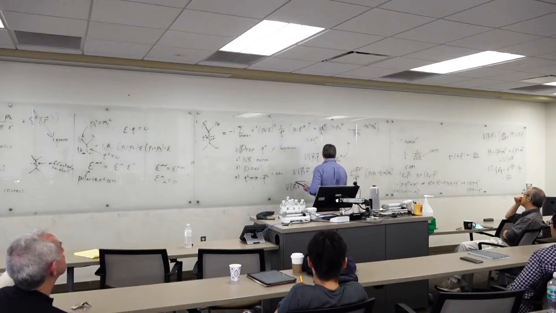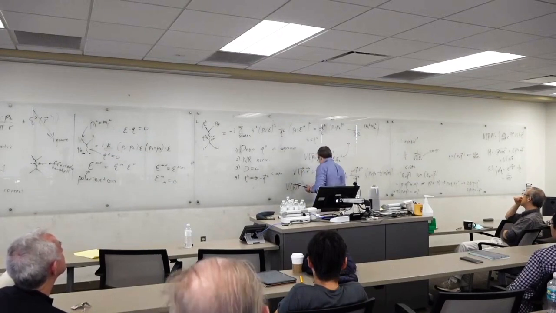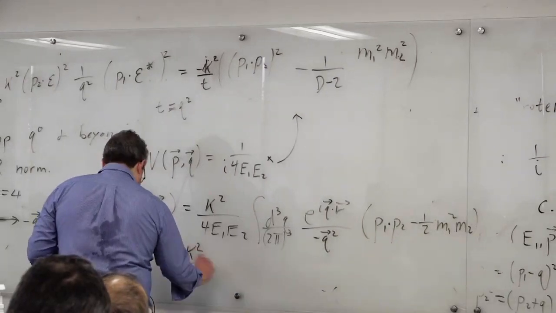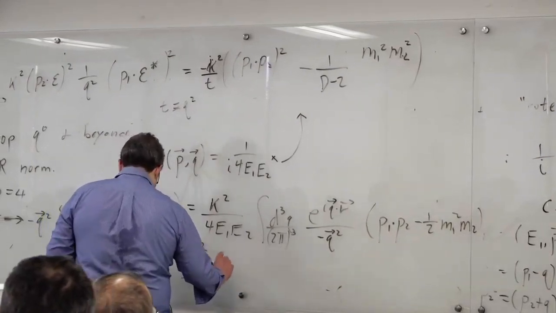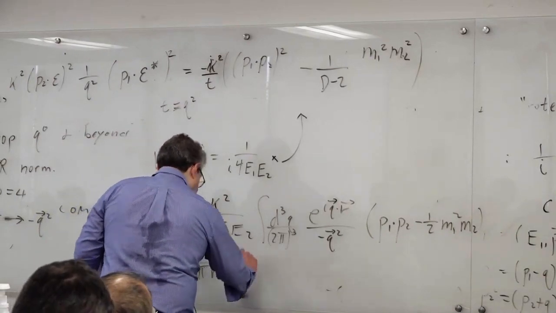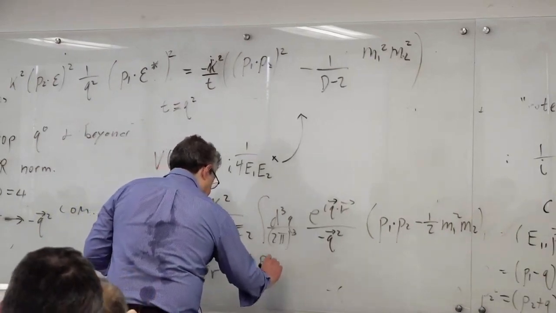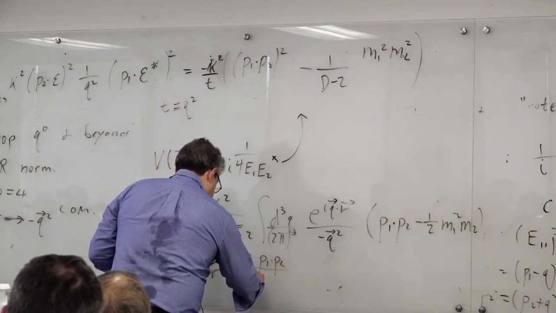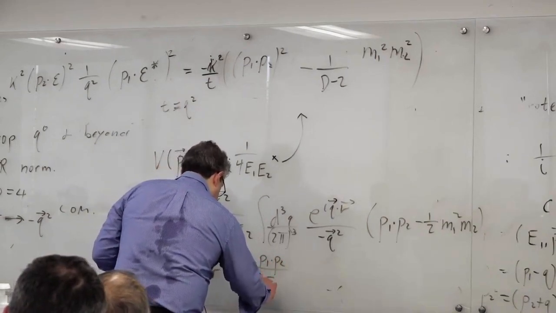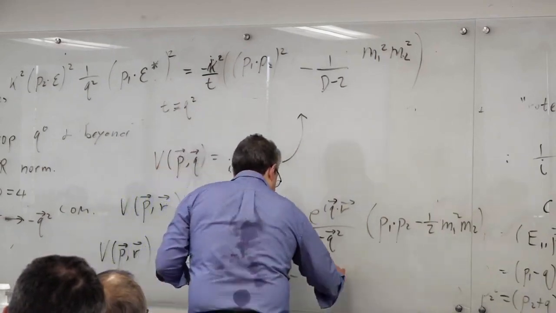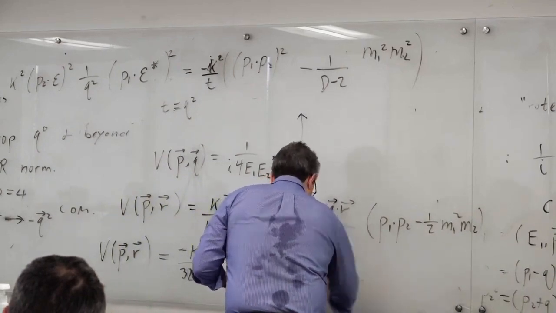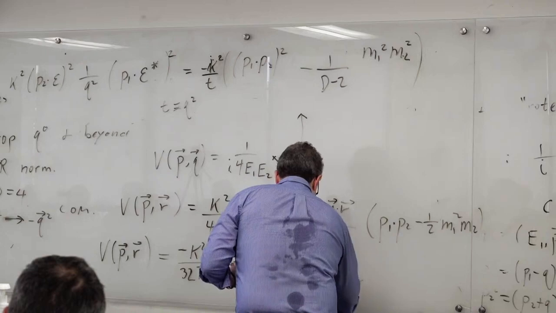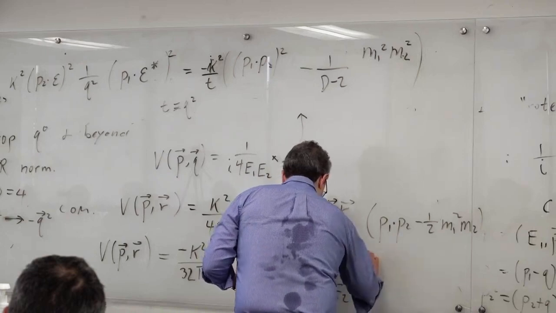is equal to minus kappa square over 32 pi R, times 2 P1 dot P2 divided by E1 E2 minus M1 square M2 square divided by E1 E2.